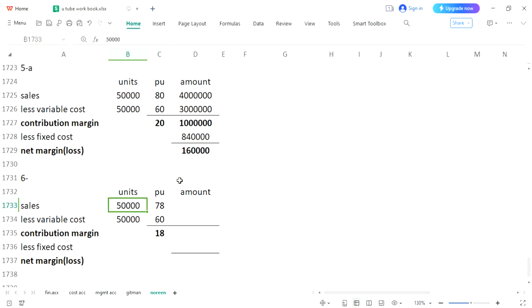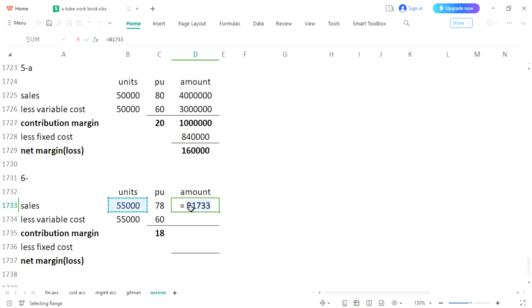With this decrease, our number of units would increase from 50,000 to 55,000. Now the question is, due to the decrease in price, your margin should increase every time. But let's see what will happen over here.